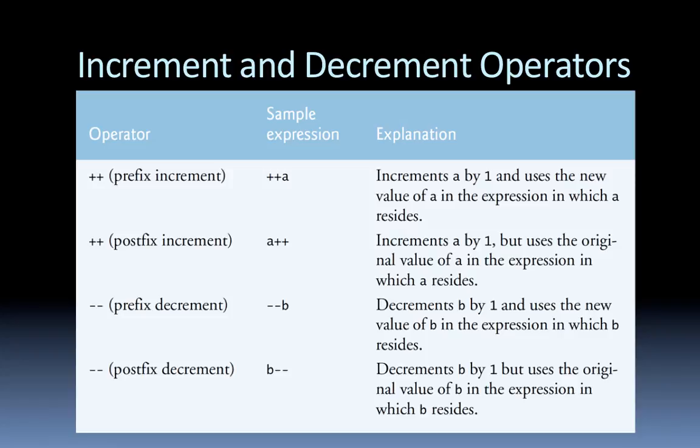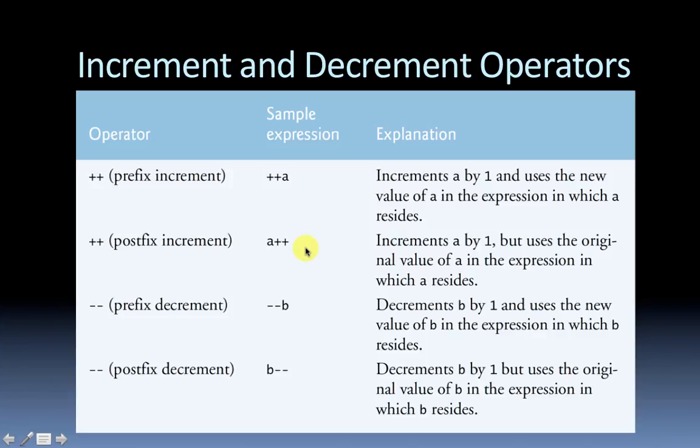On the other hand, when you have an expression like a++, what's going to happen from the point of view of the programmer is that the current value of a would be used in a larger expression, but by the time you reach the end of the statement and move on to the next statement, a's value will be increased. So in effect, the difference between these is to add 1 to a, then use its value, or to use a's value, then add 1 to it after the fact.